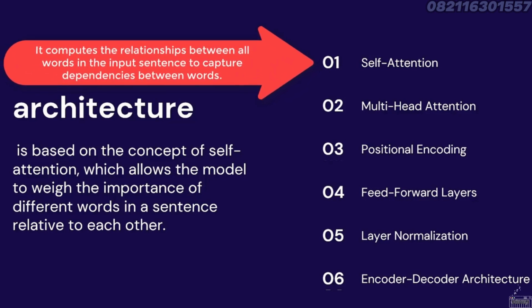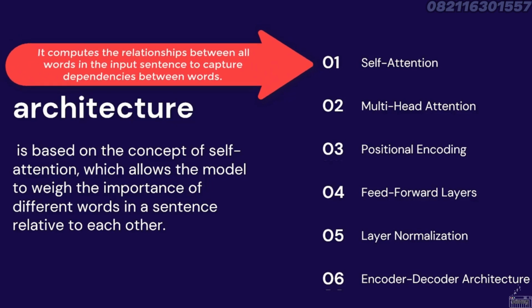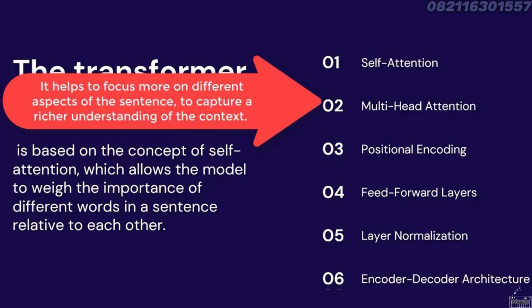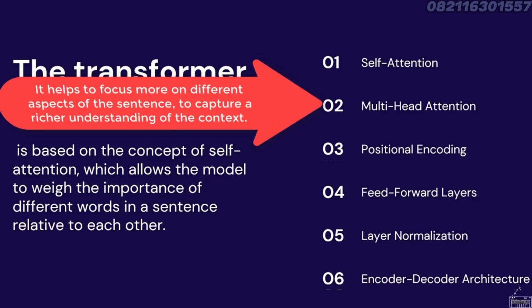This mechanism gives each word a different weight, a different number that represents the weight, based on its relevance to the target word. We have multi-head attention: the transformer uses multiple self-attention heads, so that it can focus more on different aspects of the input sentence.